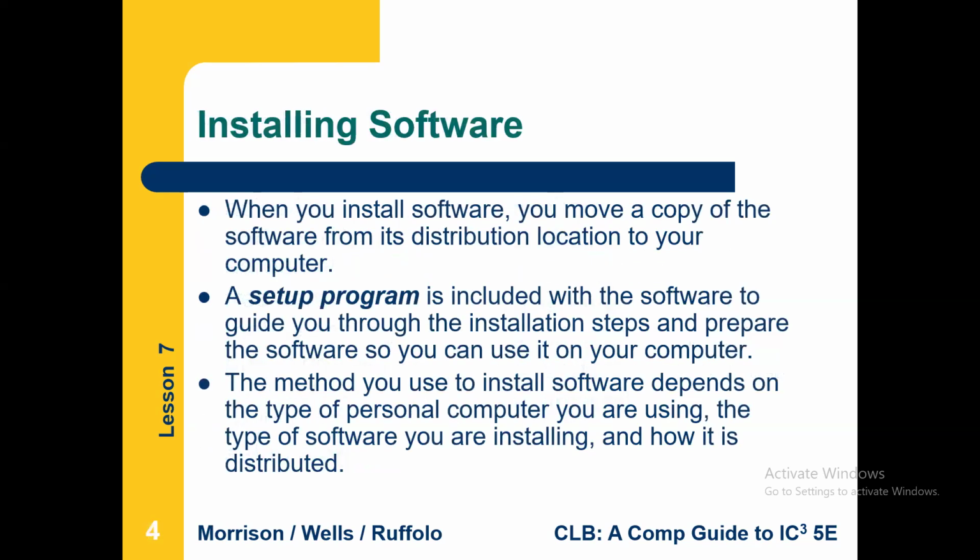We'll start off by looking at installing software. We said some time ago that if you buy your PC and there's no software in it, then the PC more or less is like an electronic box sitting on your desk or your lap.